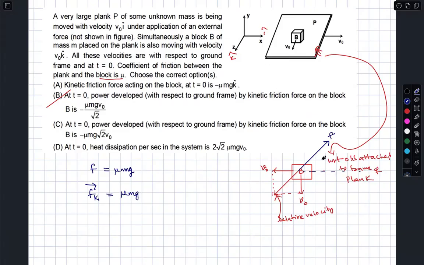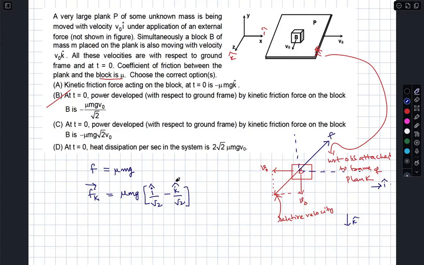On the table, please try to understand, the downward direction is k cap and the rightward direction is i cap. Now what you will represent, you know this one, is i cap by root 2 minus k cap by root 2. That is the direction of the friction.